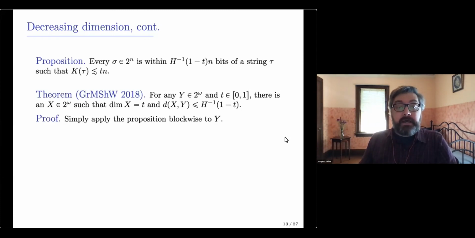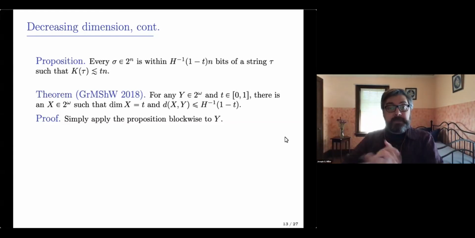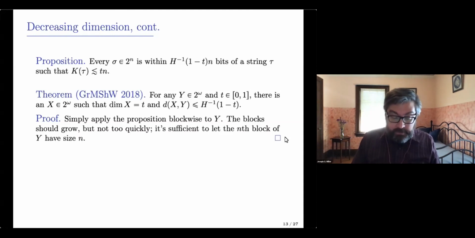If you simply apply the proposition blockwise to an infinite sequence y, lowering the complexity of each block, then you can show that for any y and any t, there's an x of dimension t, which is within distance H inverse of 1 minus t. Just apply it blockwise. Well, you have to be a little bit careful. The blocks should grow.